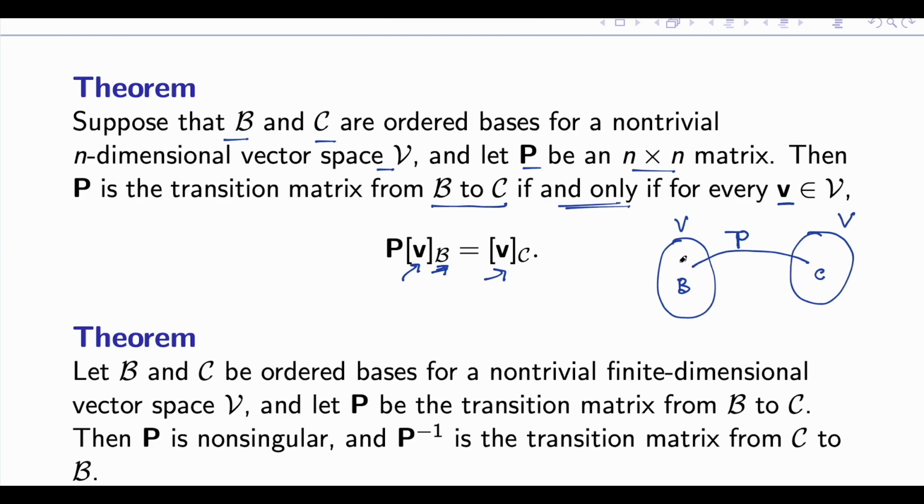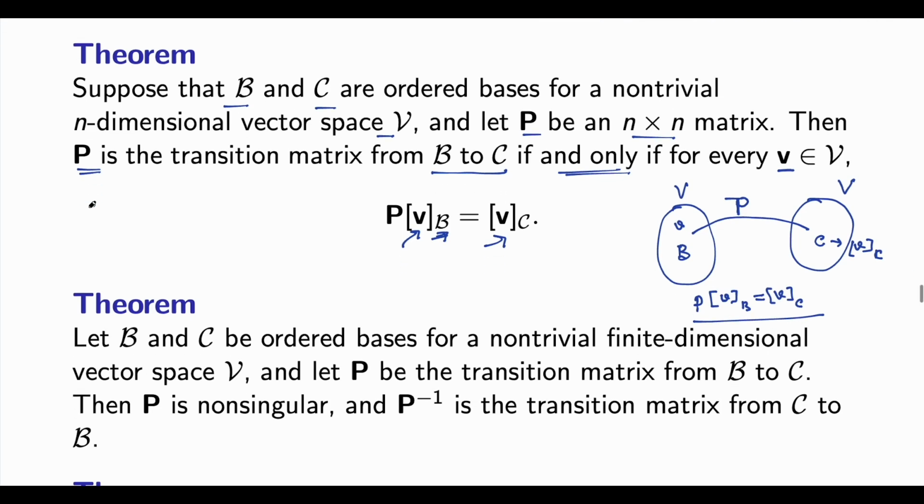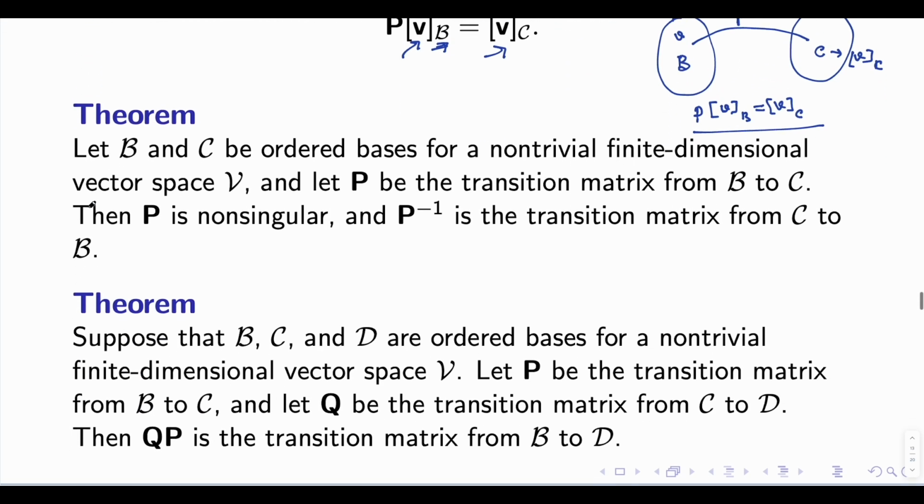Any vector V can be written as a linear combination of the basis vectors, which means its coordinatization with respect to B. If we multiply by P, we reach the coordinatization of V with respect to C. So coordinatization is always possible if we have the transition matrix. This is how we are going to work.